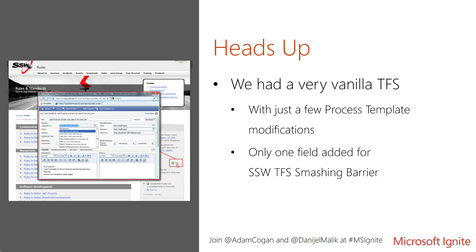We used to have a tool called SSW TFS Smashing Barrier, and it was a pretty fiddly idea. On the web page of a client or whoever you wanted, we had an add button, and that button showed you what work items were related to that page, like bugs or what else had to be done on that page.